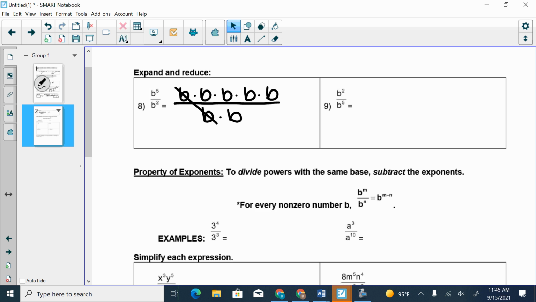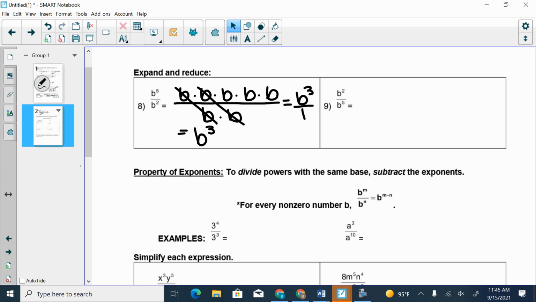So those would cancel each other out, and those would cancel each other out, but is there anything else in the bottom? No. So how many b's did I have left in the top? So I got b to the 3rd, and there wasn't anything left in the bottom, so it's an understood 1, right? But do I have to put b to the 3rd over 1? No, it's the same as just b to the 3rd. Okay?